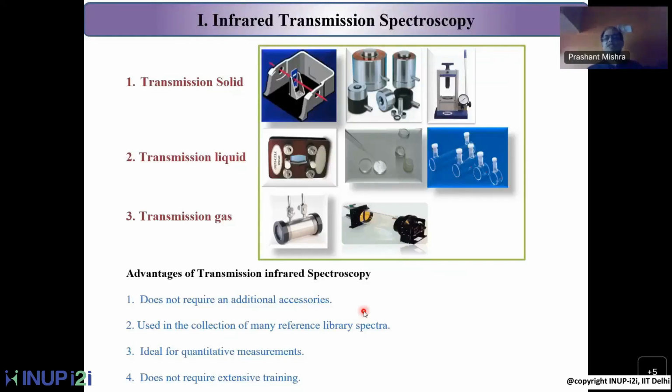So it becomes easier for you: this is the spectrum of, say, hexane, or of this particular organic molecule. You can feed in the data and compare to see whether you have the same molecule or not. Now, transmission infrared spectroscopy is ideal for quantitative measurement as well, and does not require extensive training. If you want to use it, it's a very simple process.